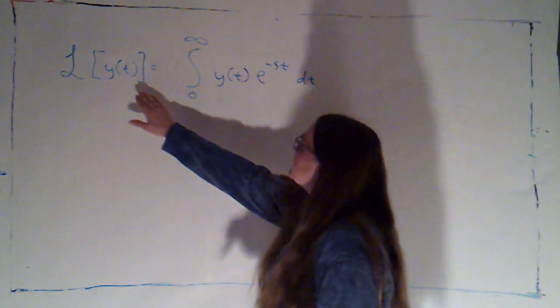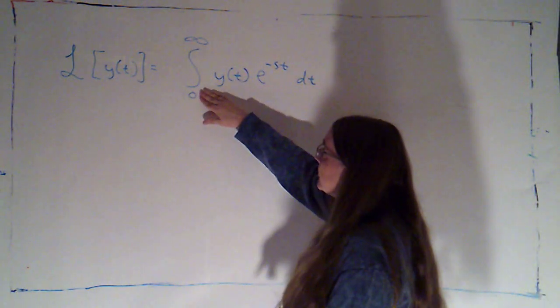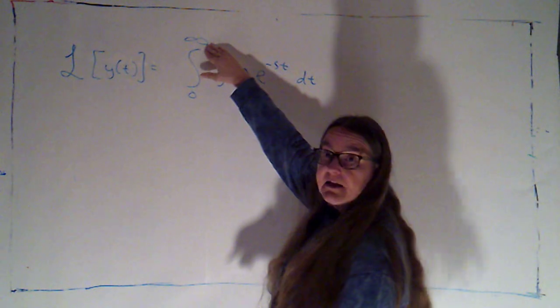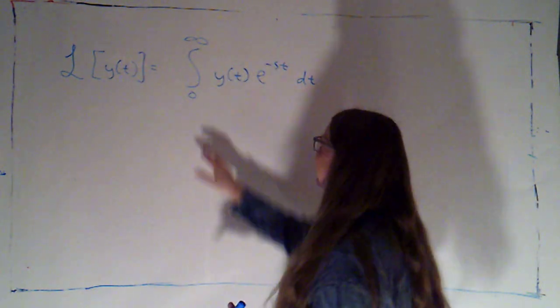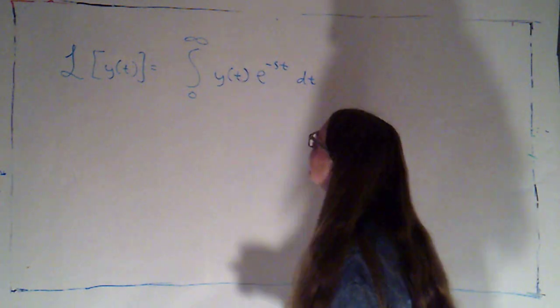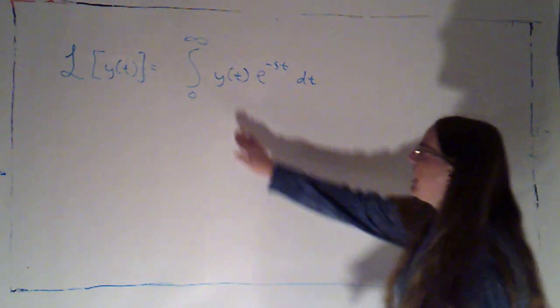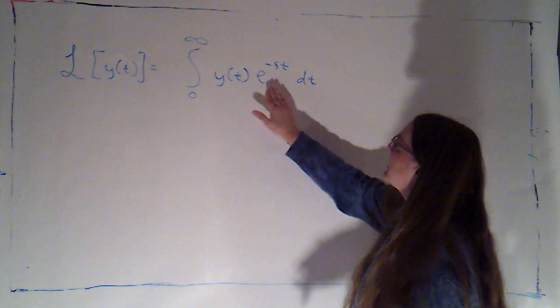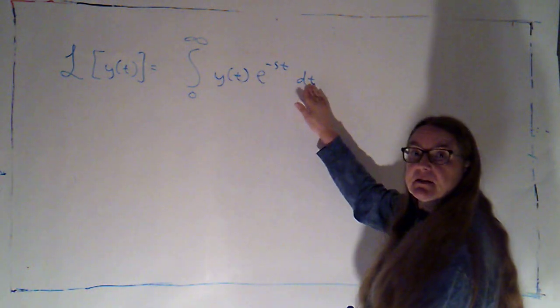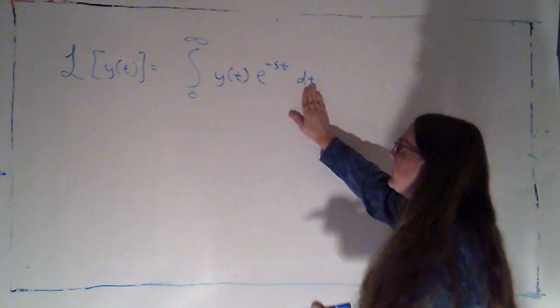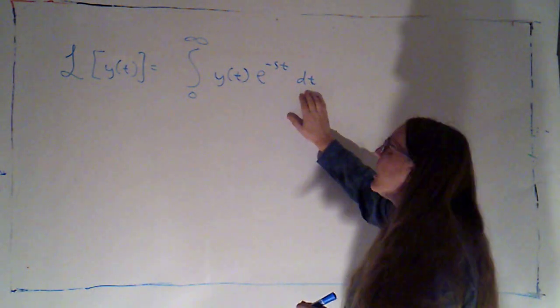All right, so it's the improper integral from 0 to infinity. Remember we said our functions had to be defined from 0 to infinity. So it's the improper integral from 0 to infinity of our function times e to the negative st, and we're integrating with respect to t. Now I can see how this is going to become a function of s.